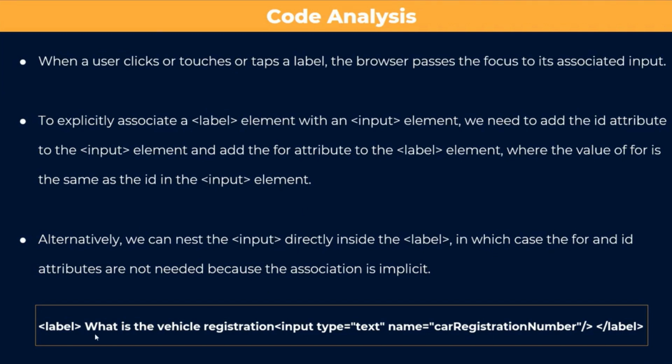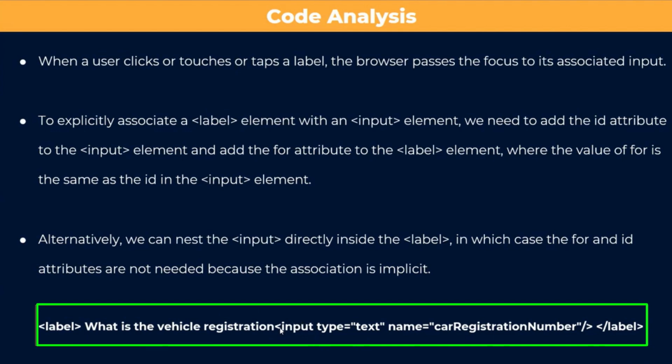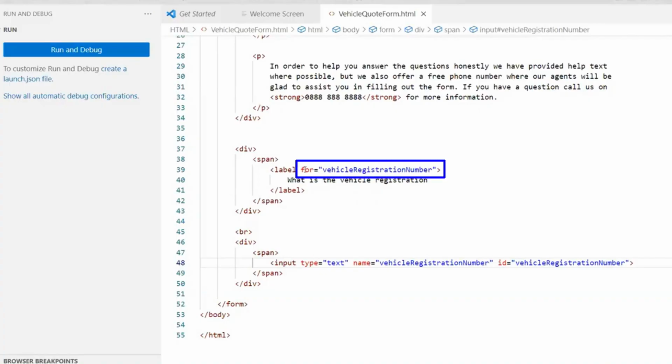So we can also include the input type within a label. So alternatively, we can nest the input directly inside the label, in which case the for and ID attributes are not needed because the association is implicit. So in our example, we have the for associating itself with the ID of vehicle registration number.